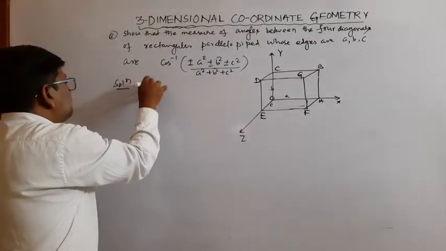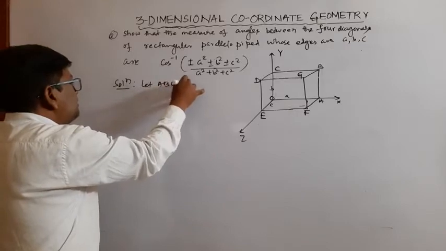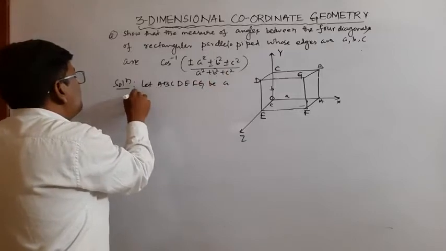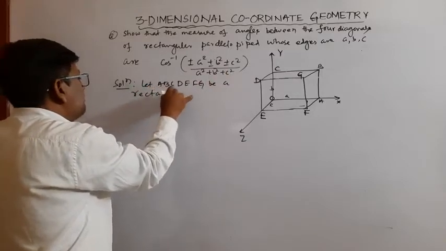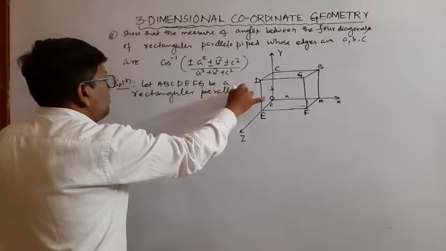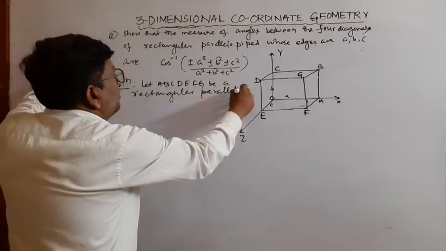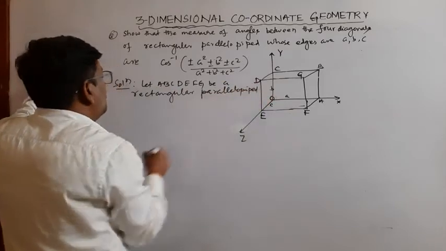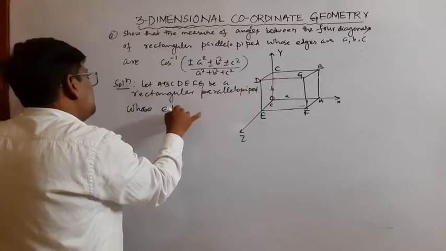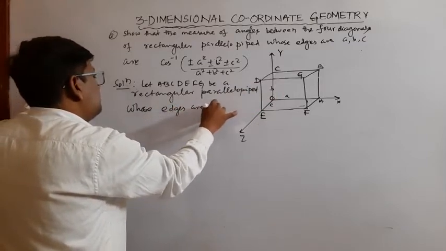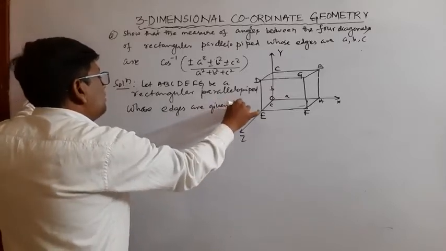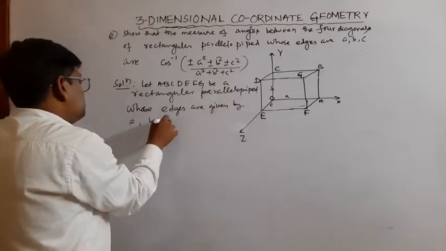Let O, A, B, C, D, E, F, G be a rectangular parallelepiped whose edges are given by a, b, c.